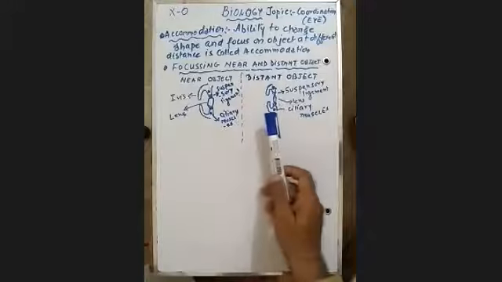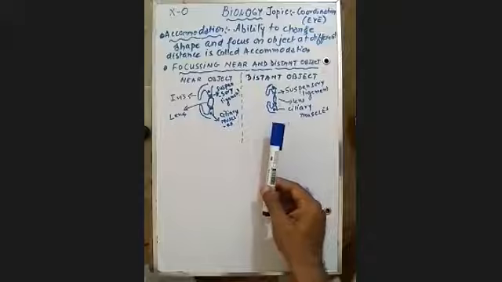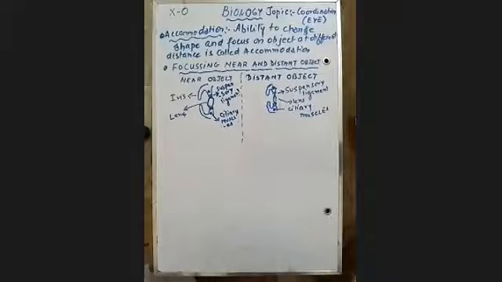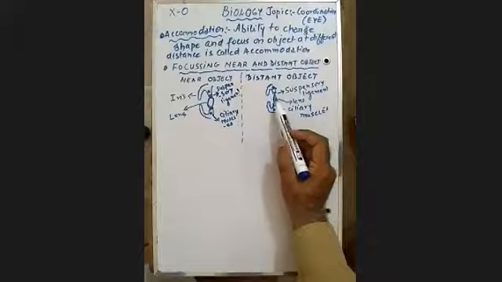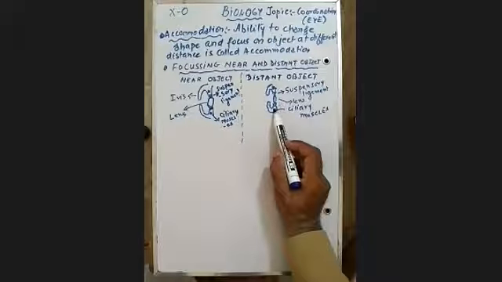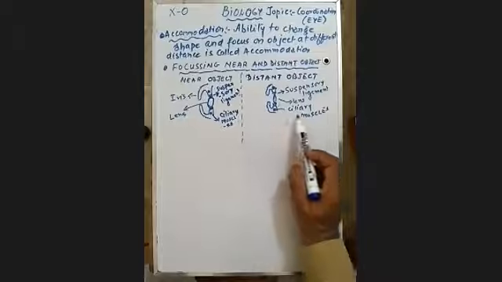So the most important part is how this focusing will be done for distant and near objects. You see these are the two diagrams you will be seeing on the board. This diagram is more clear. The lens is attached by the help of the suspensory ligament, and below that suspensory ligament are the ciliary muscles.